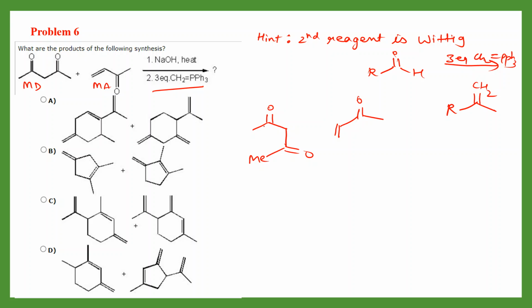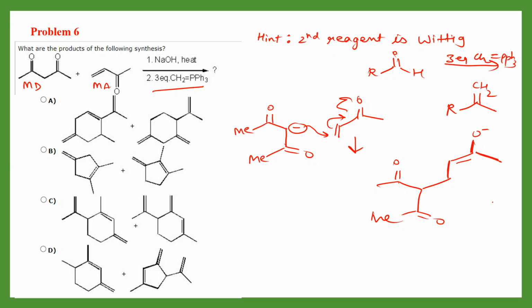So we know that an enolate will form. It can form from either side because on both sides there is only ketone. The carbanion will come here. It is going to attack in 1,4 fashion, and we will get, let me draw. Correct. The negative charge will come back, and it will be protonated.